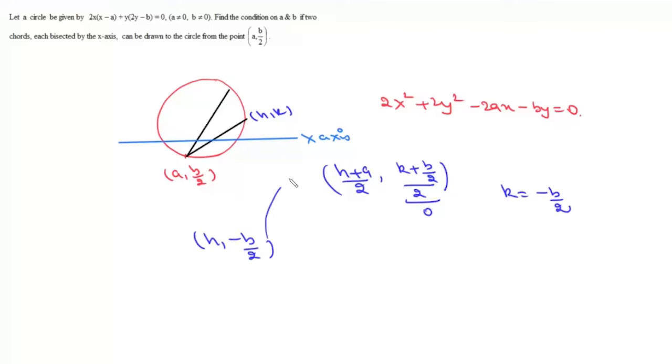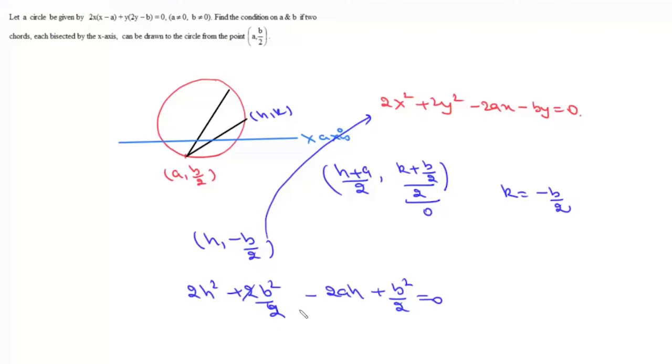Now this point will lie on this circle, so we can write 2h square plus 2 b square by 4 minus 2ah plus b square by 2 equals 0.